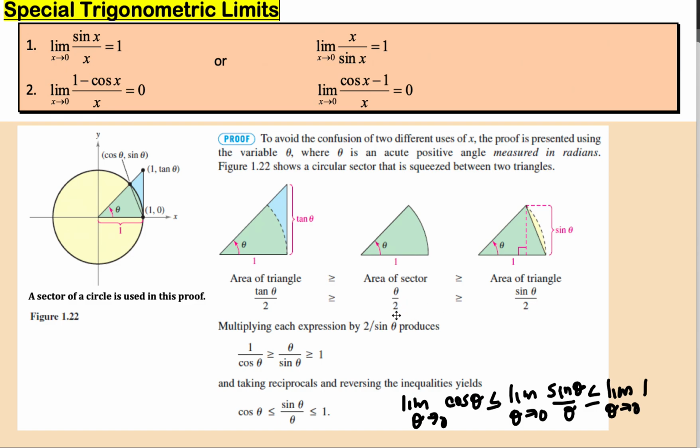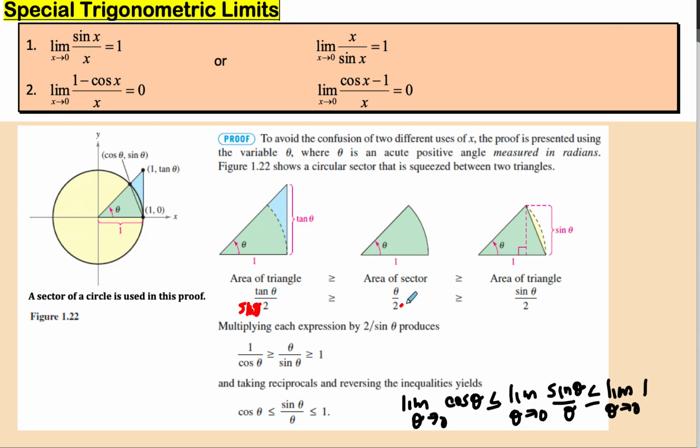So let's go ahead and rewrite. Let's divide everything through by sine of theta.